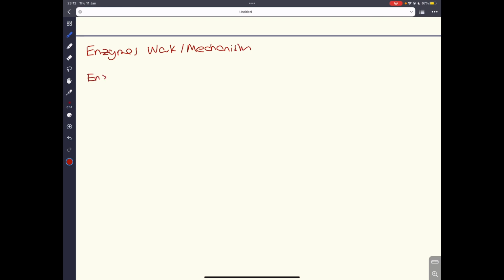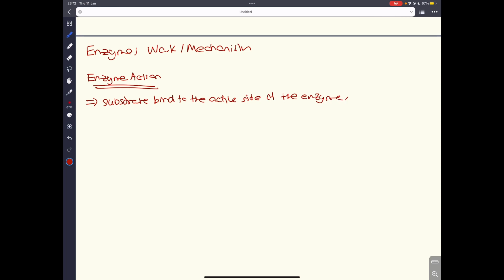Now, this is called enzyme action. Enzyme action works on the basis that the substrate, right, the substrate will bind to the active site of the enzyme, and then it's going to form an enzyme substrate complex.